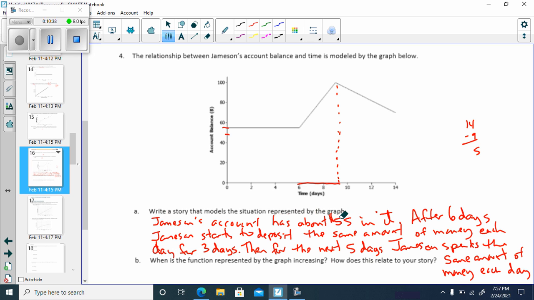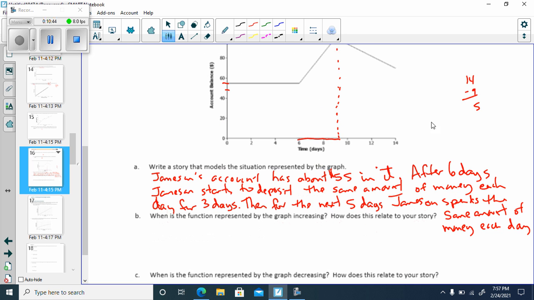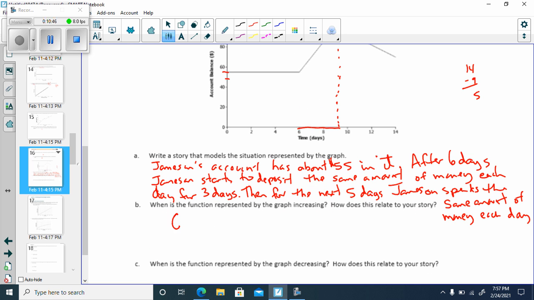Okay, when is the function represented by the graph increasing? That would be from 6 days to 9 days, right? 6 to 9 days. What's happening in that time frame? He is depositing money, right? When is it decreasing?